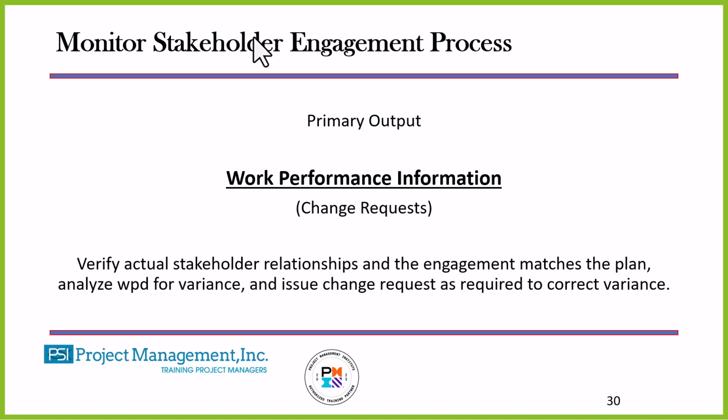So we verify actual stakeholder relationships, and we verify that, for example, the stakeholders are moving in the right direction. And if we need to make changes, then we would issue a change request and make those changes. So that's monitor stakeholder engagement process.